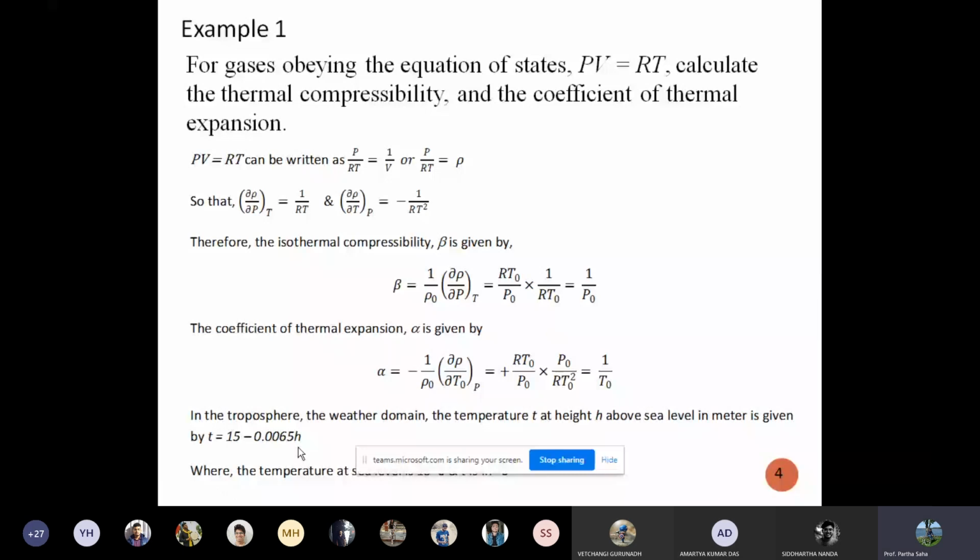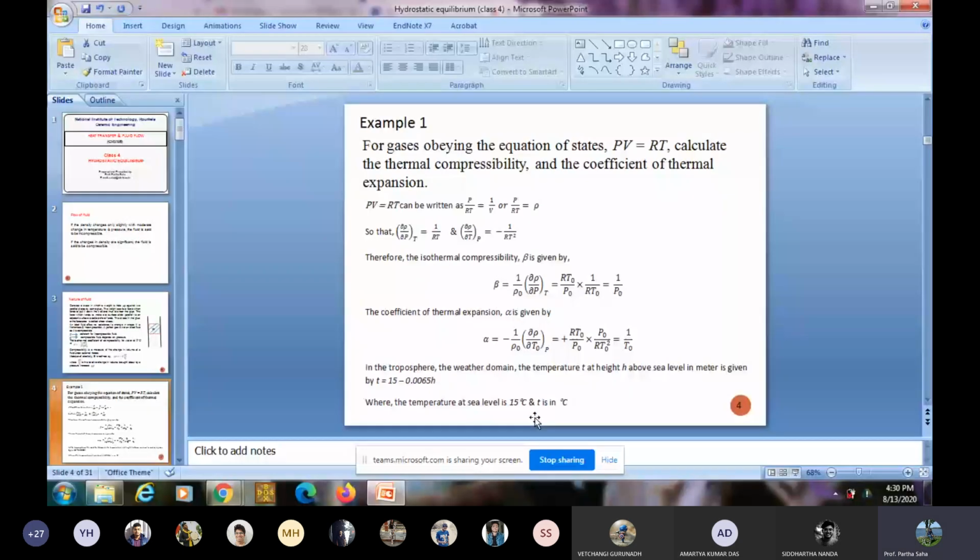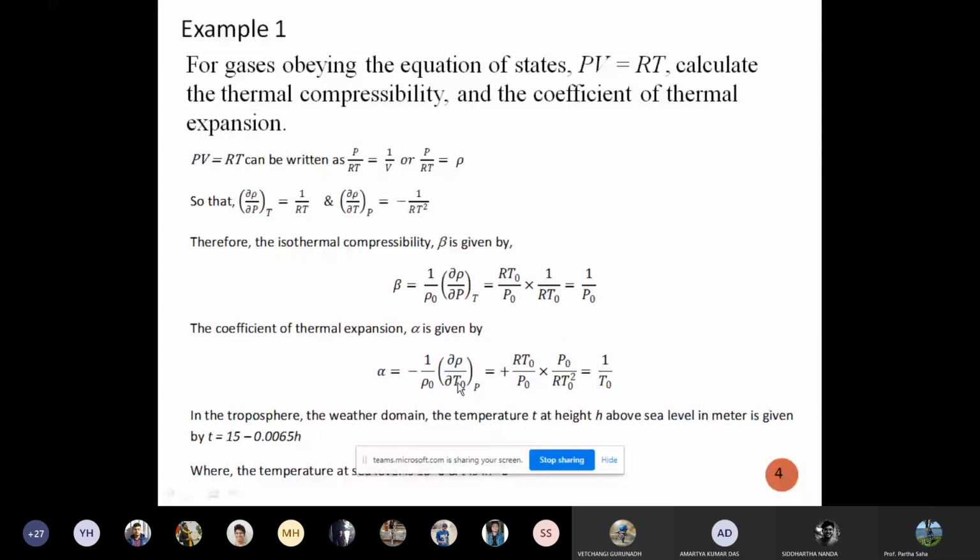As you move away from the surface, the temperature drops. The temperature at sea level is 15 degrees C, and T is in degrees C. I have given this expression so that you know that as you move up, the temperature decreases, because the air becomes thin. Okay, let's move to the next slide.